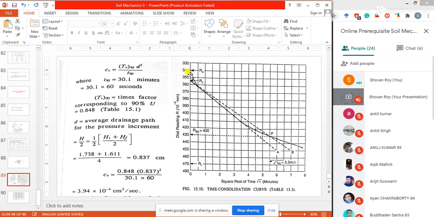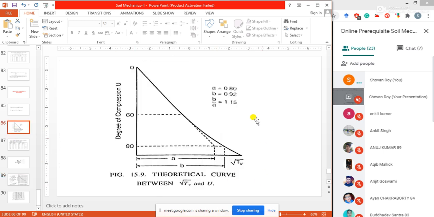From RC another line B is so drawn that its abscissa at every point is 1.15 times that of line A. So another line from RC is drawn to represent this value, because we need it.